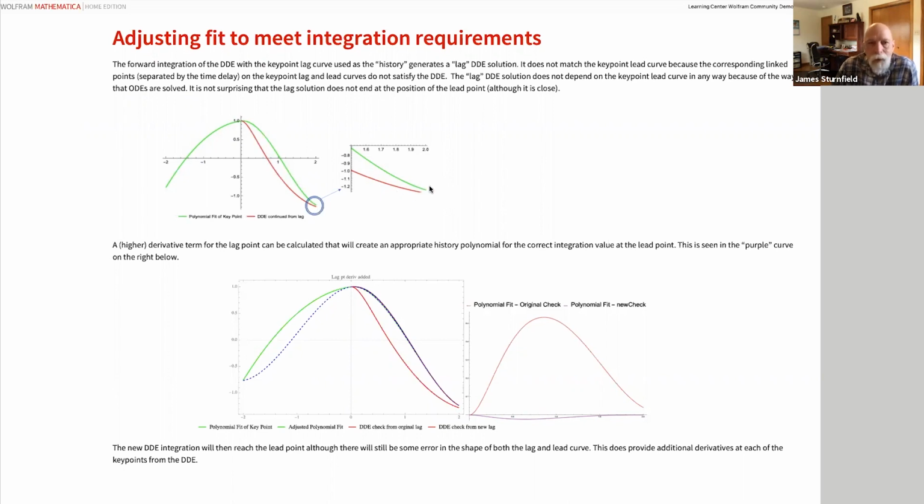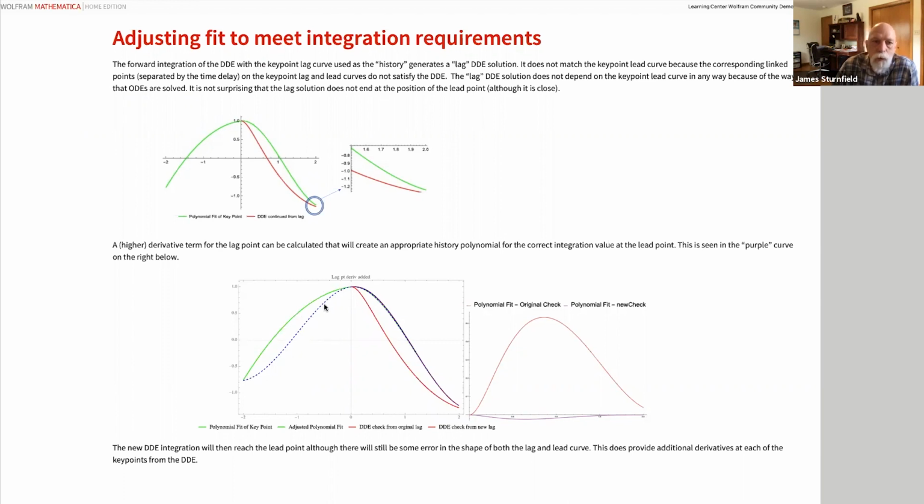And that's critical because if we're solving the DDE, we need to be able to have things integrate to where the lead point's at. We can add a higher derivative to this lag point and smooth this curve out, and we actually get a very nice fit.